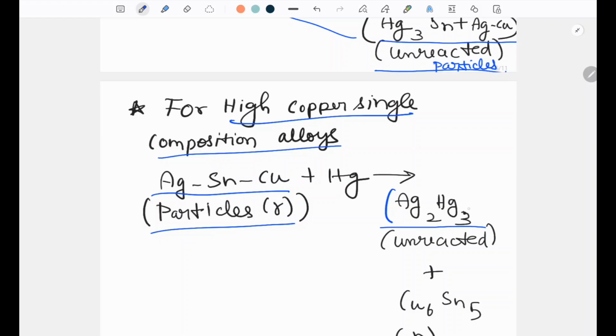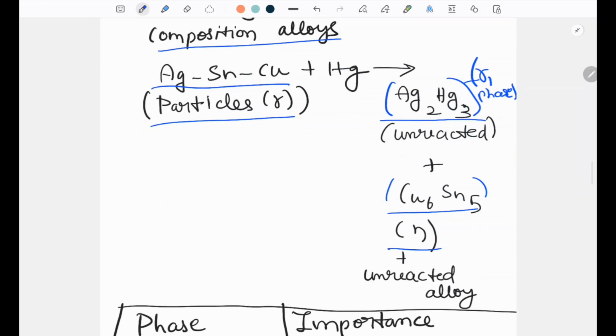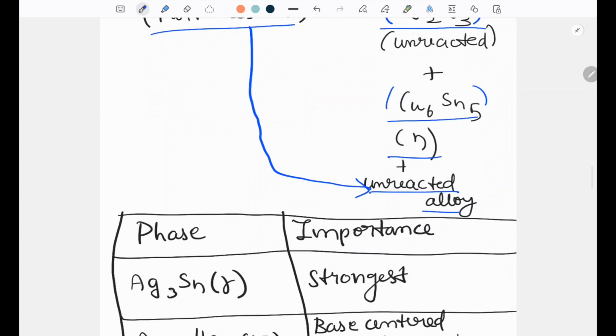When it reacts, as usual it forms silver mercury, that is the gamma 1 phase, and then copper tin, that is the eta phase, which majorly replaces the gamma 2 phase, which is the weakest phase, and then we have the unreacted alloy. So this sums up the amalgamation reaction, and then we are going to see the very important part of today's video, that is the different phases and their importance.